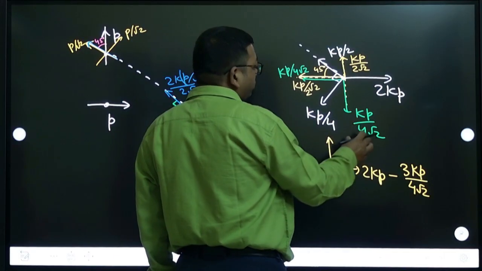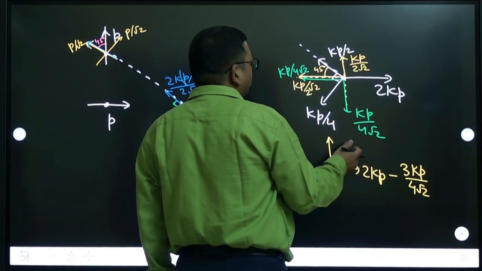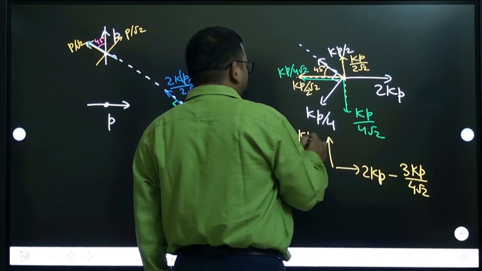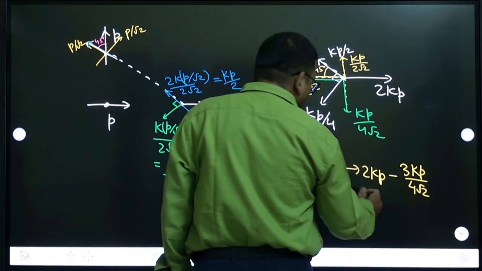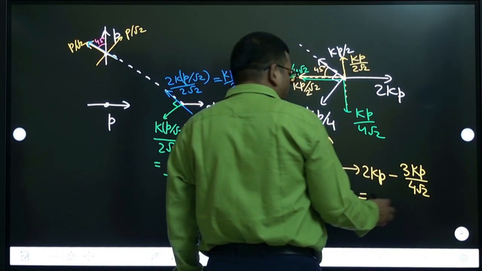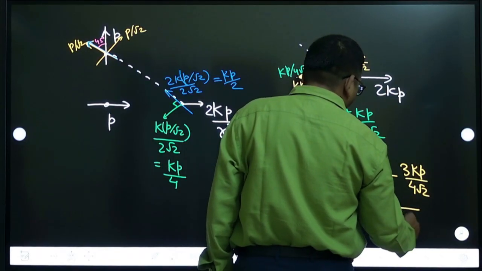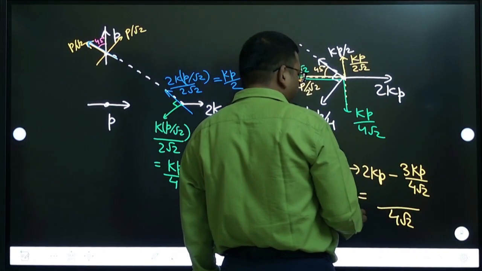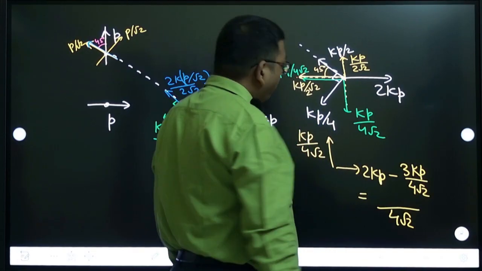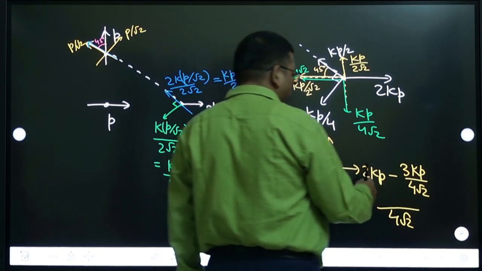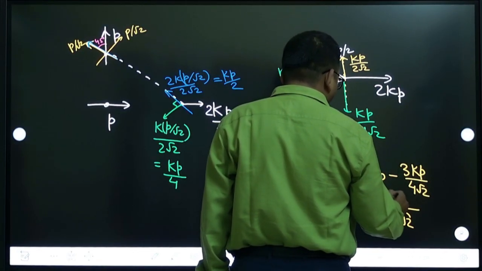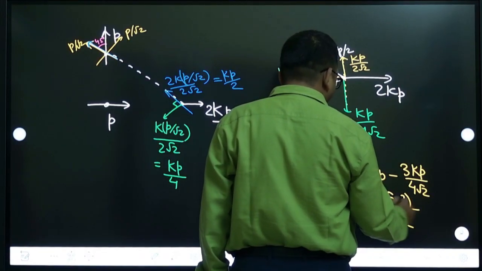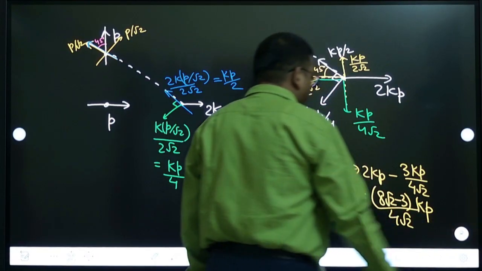So kp by 2 root 2 minus kp by 4 root 2. So that will give us kp by 4 root 2, right? Now how much is this x component? Solve it. So if you take LCM 4 root 2, what it will be? You can solve it. So 4 into 2, 8 root 2 minus 3, kp, correct?